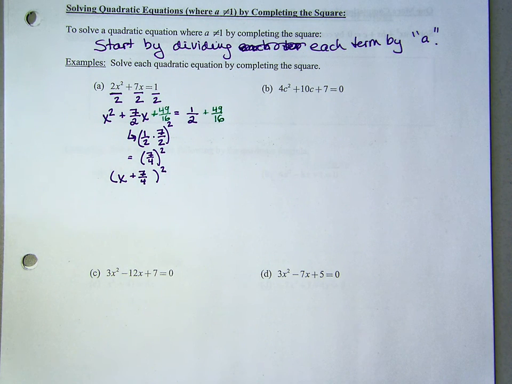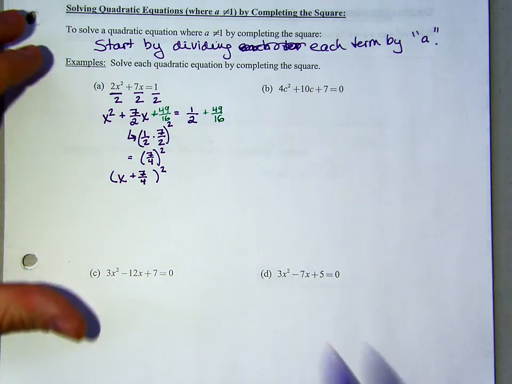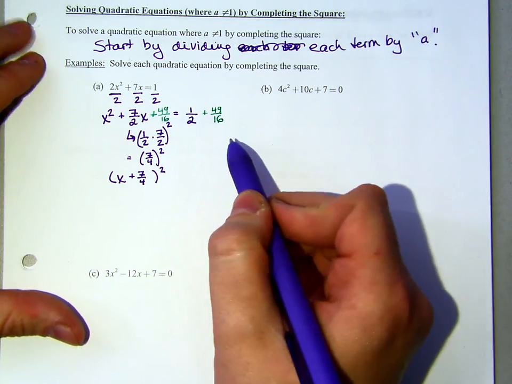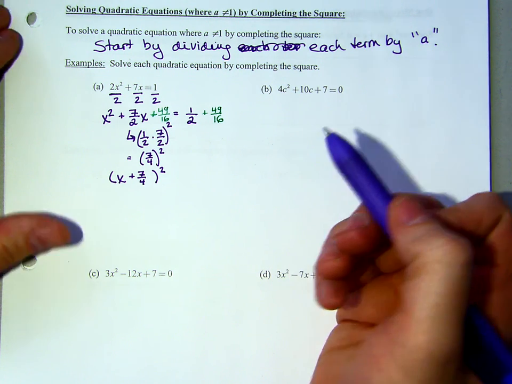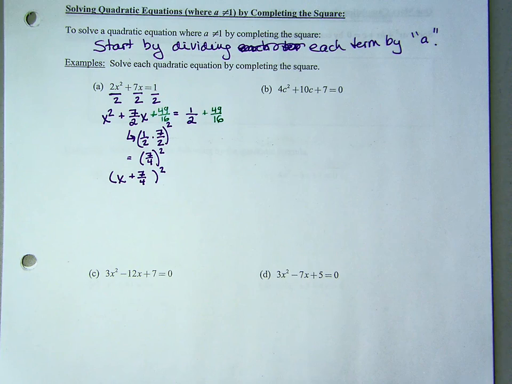As for the other side, I need you to take a moment right now and just add those two fractions together. You need to get a common denominator. Please go do the work.